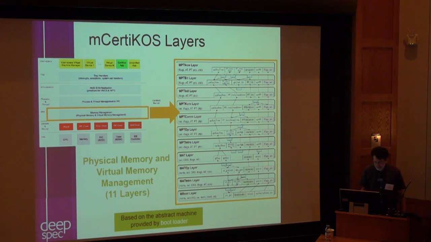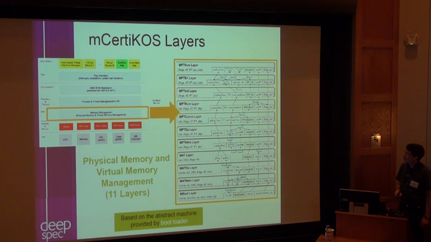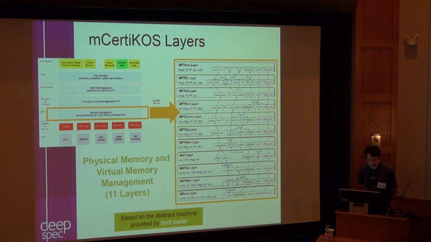So this allows the team that builds and verifies CertiKOS to be very productive, to divide up the work, and they've made a lot of progress. This just shows one layer of the operating system that divides into 11 certified abstraction layers. The total number of independent layers that are verified is nowadays something like 50.